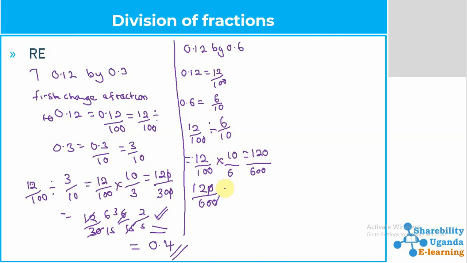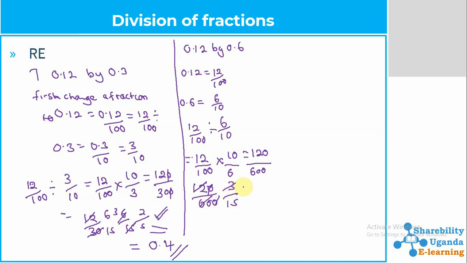We look out for the factor that can divide 12 and 60. Which factor can divide 12 and 60? Okay, we can use a 4. So when you divide this by 4, we get 3. Also 60 by 4, we get 15.